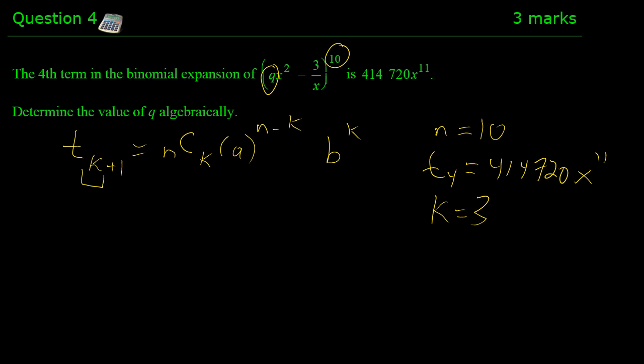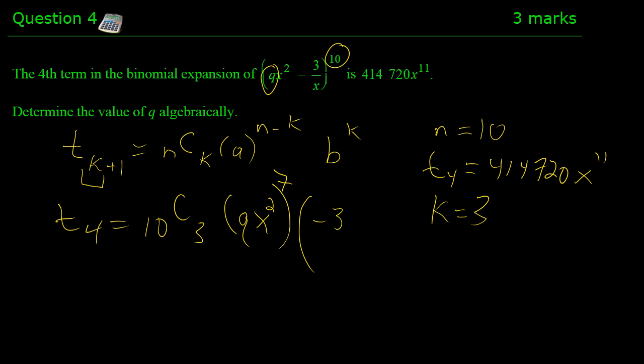So I'm going to start off and just say t4 equals, now I'll use my 10 choose 3, and my a is (qx²). I always prefer to use brackets for this. To the power of n minus k. So I'm taking a shortcut. 10 minus 3 is 7. We could do that right away.